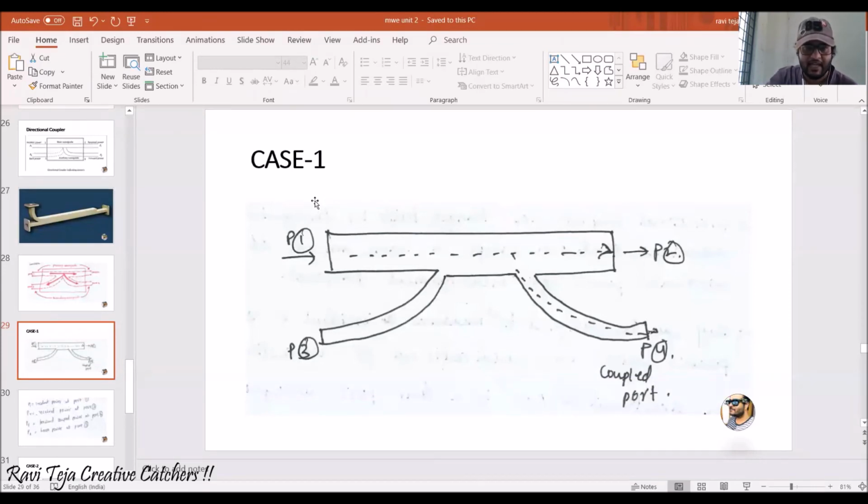Whenever we are giving an input, that particular input port is the incident power at port 1. Whatever port is directly receiving can be called PR, received power at port 2. And whatever the forwarded power is at that particular port, you can call it PF, forwarded power at port 4. That can also be called the coupled port.